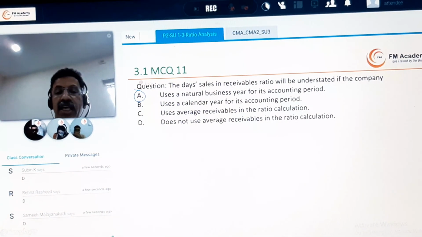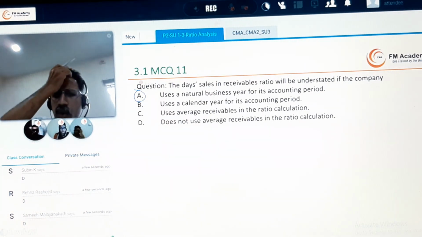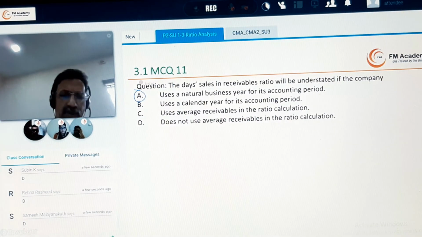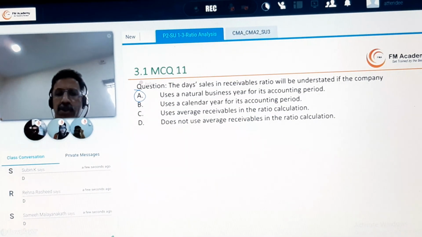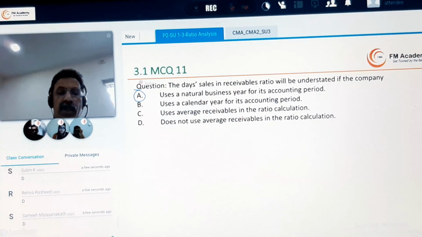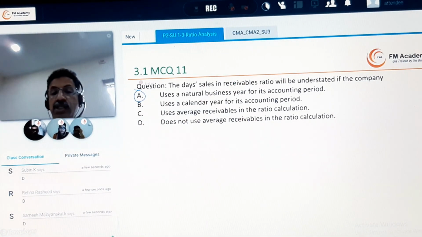Uses a calendar year for its accounting period. A calendar year doesn't give us any clue unless we know the type of the industry, whether seasonality is affected or not. So you don't know. Uses average receivable in the ratio calculation.